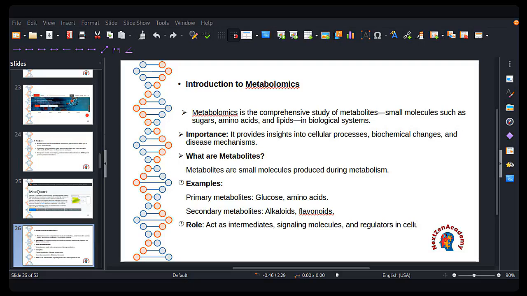And secondary metabolites are unique and specific to the species in which they are present. Okay. Understood? What's the key difference between primary and secondary metabolite? Okay, these are their examples: glucose, amino acid, primary metabolites; alkaloids, flavonoids, secondary metabolites. They act as intermediates, signaling molecules, and regulators in cellular processes. Right? Okay.